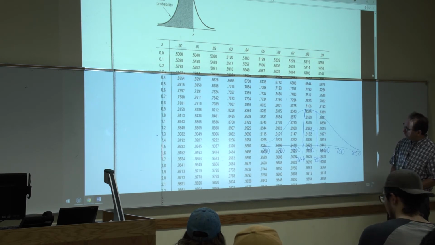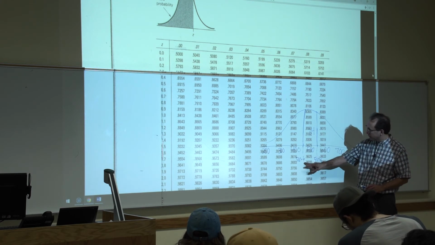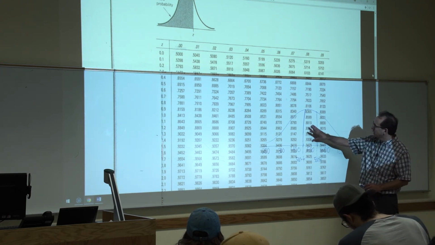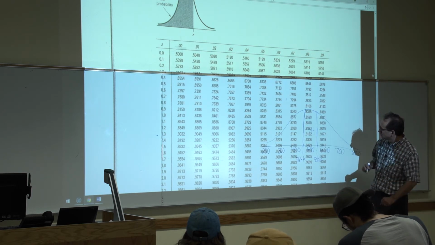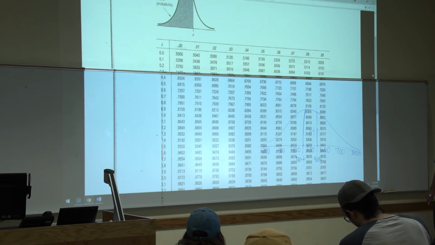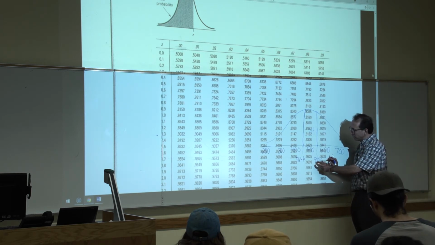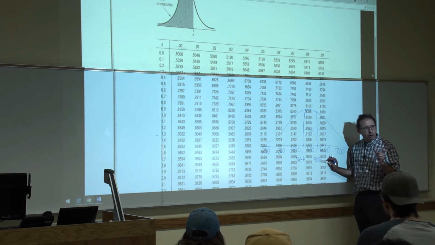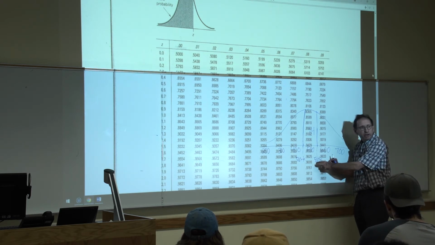Okay, so let's look at this for a second. We know the area under this curve between 500 minus k and 500 plus k, this area right here, is 0.34. So what can you tell me about the area under the curve to the left of 500 plus k?